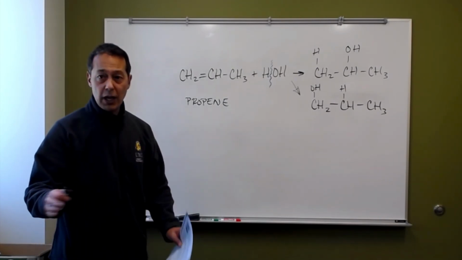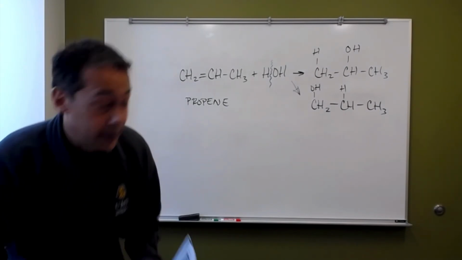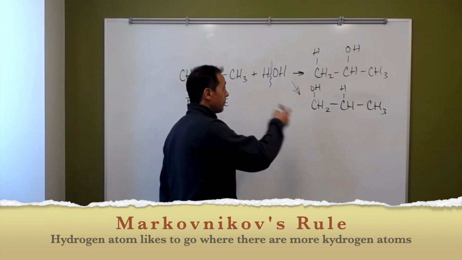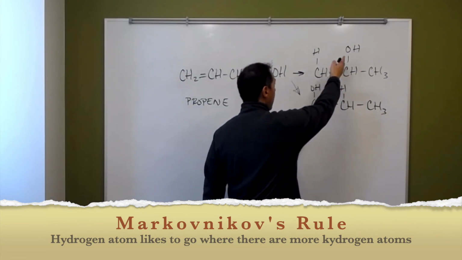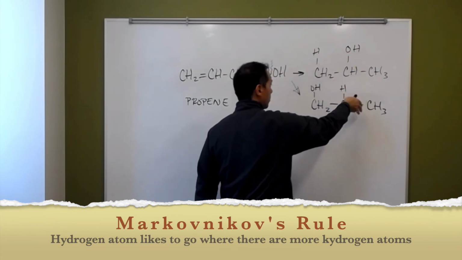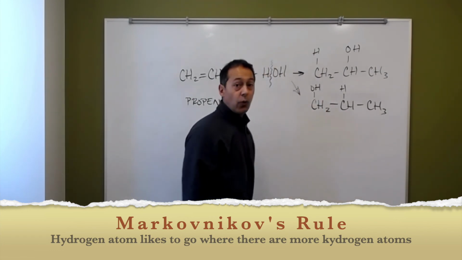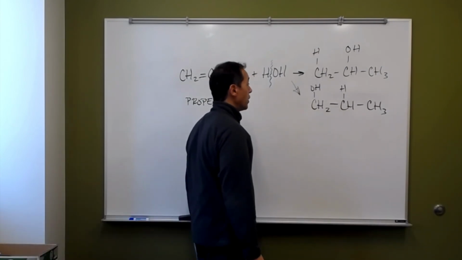You come up with a rule, you get to name it yourself, right? You can call it whatever you want. So the rule goes like this: whenever you add hydrogen and something else to a molecule like this, and you get 2 different options, the hydrogen likes to go where there's more hydrogen.